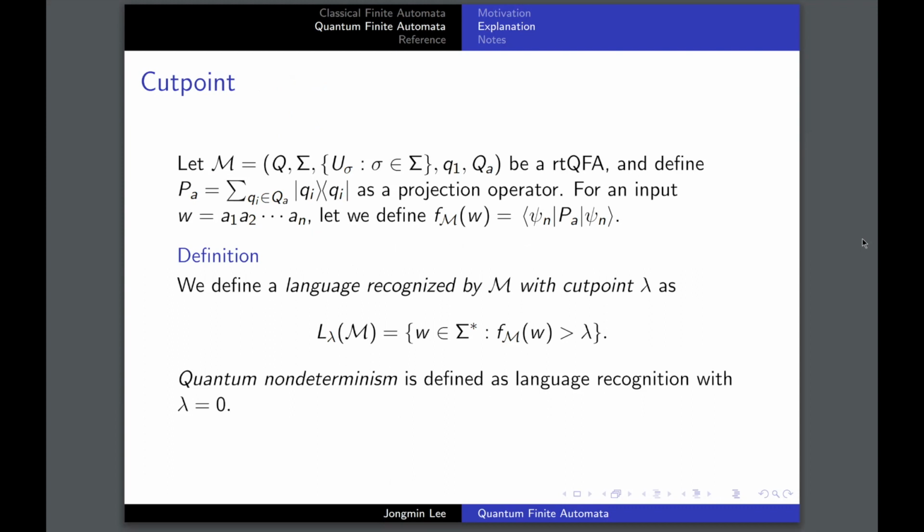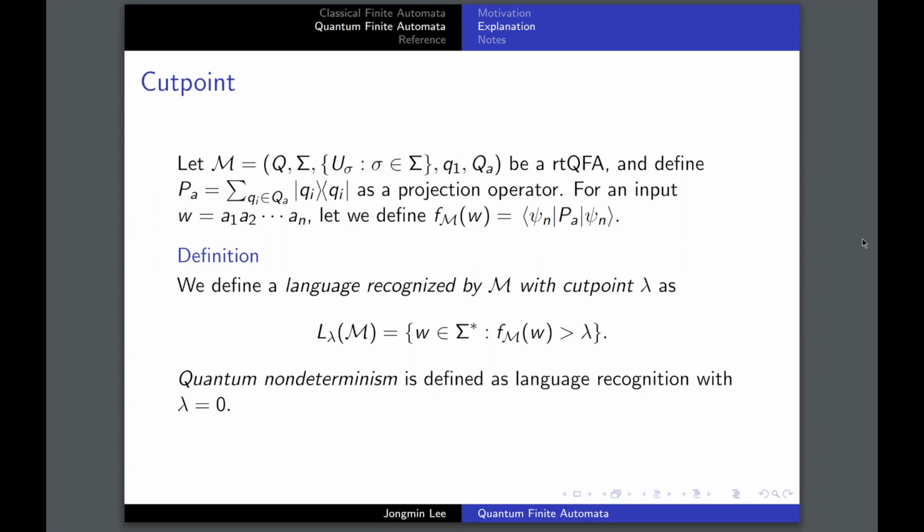For lambda, the language is defined as the words for which the probability that the last state is accepting is greater than lambda, then it is accepted, and less than or equal to lambda, then it is rejected, in our language with cut point.